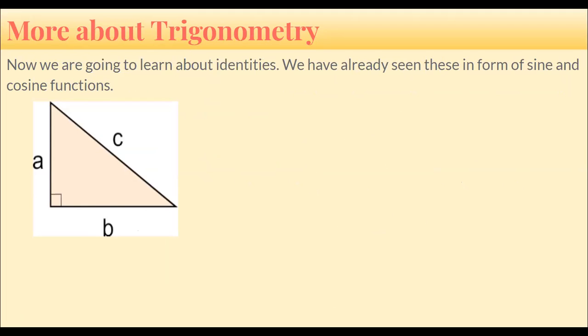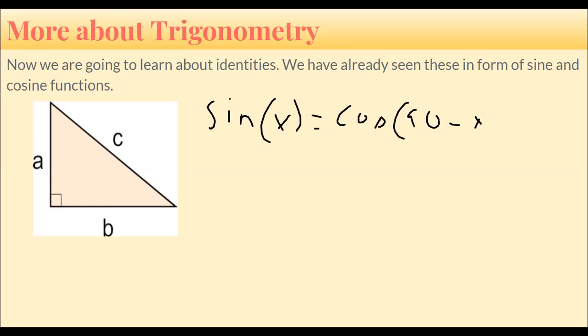So we know that sine x is equal to cosine of 90 minus x. This is true for every cofunction.